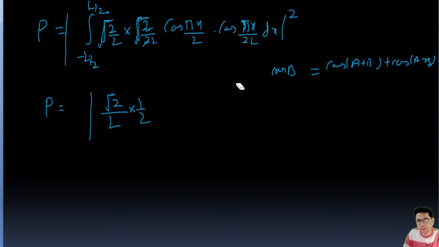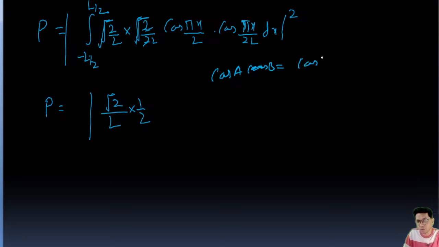I'll write it clearly so this will be easy for you. This is a trigonometric formula, very simple. Cos A cos B is going to be cos A plus B plus cos A minus B by 2.